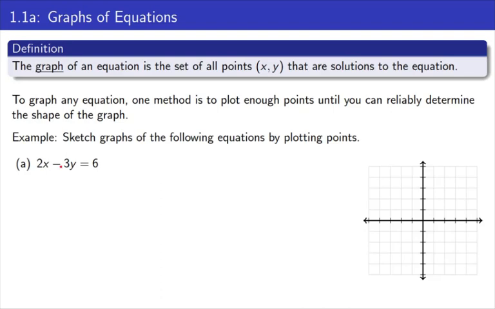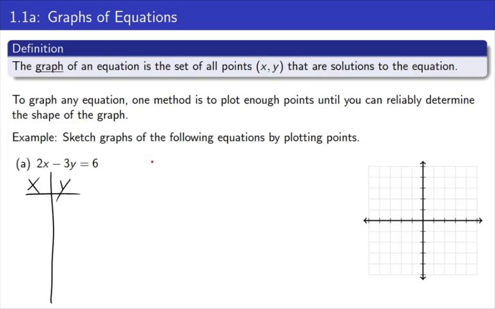So with 2x minus 3y equals 6, what I would do, just to make this a little bit easier, is go ahead and solve for y first. Now you can plug in points and go from there immediately, but I think it's easier to solve for y, so you can plug in an x and get a corresponding y. It goes pretty quick.